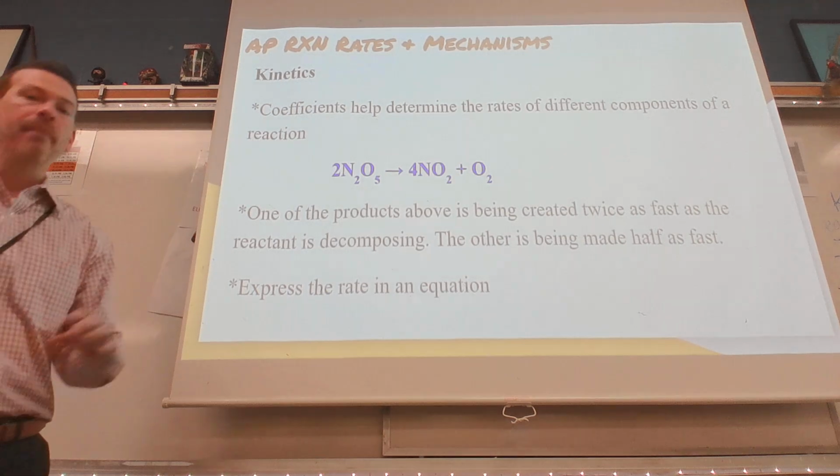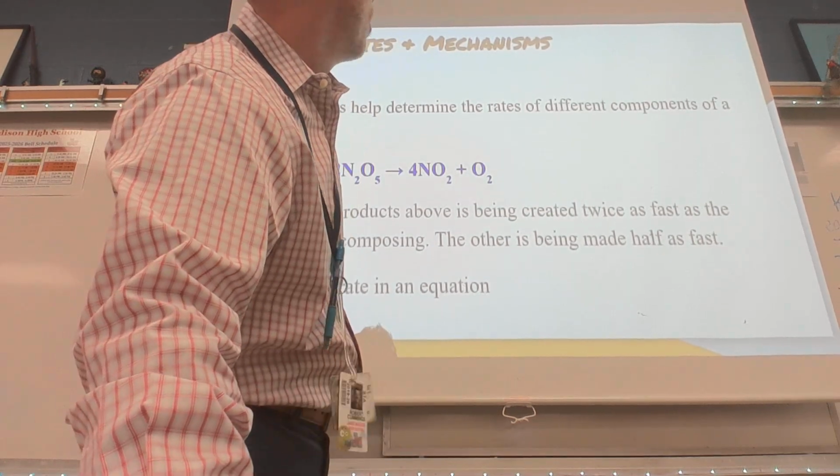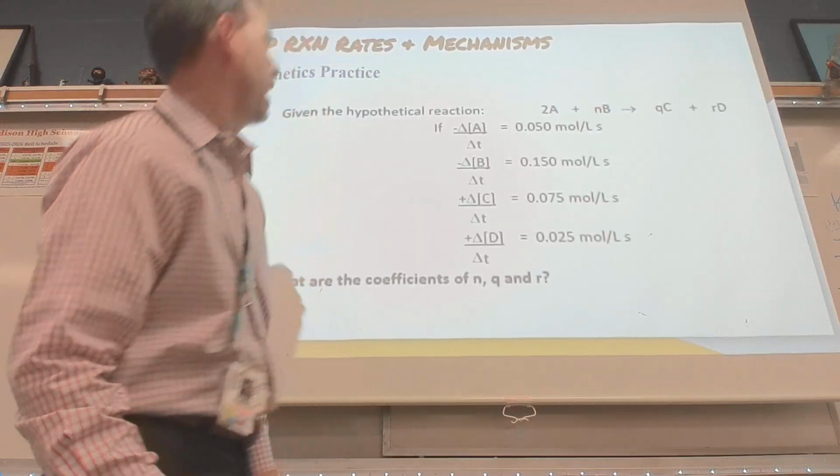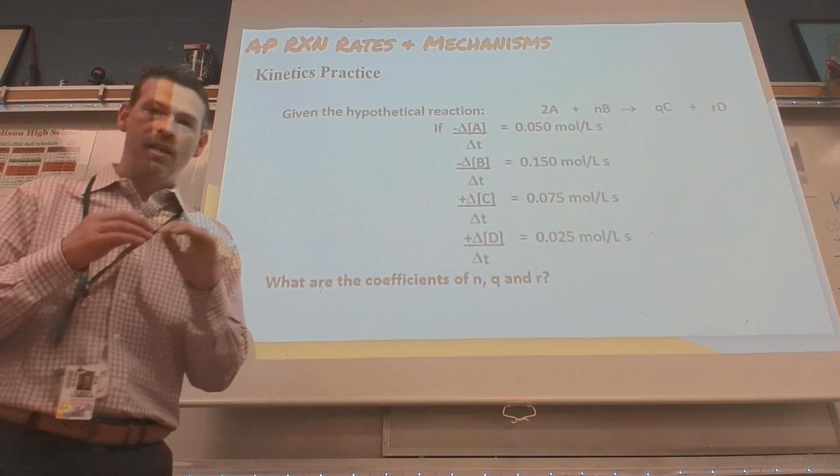In that way. But while that's great and all, I want to show you more of a question-based way that College Board can see if you understand the mole ratio connection to kinetics.